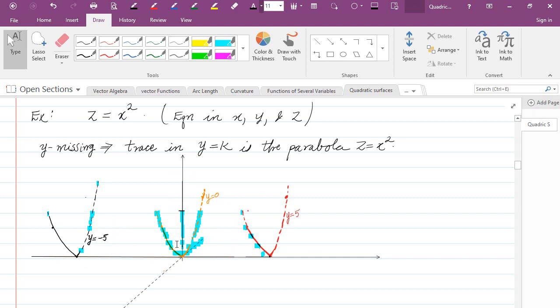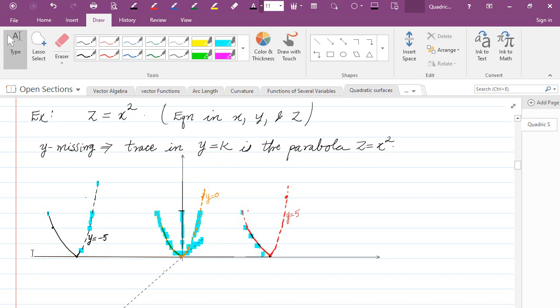Now understand that no matter what k is, we get a parabola that opens in the positive z direction in this plane. So basically the traces parallel to the xz plane are all the same parabola. So imagine that you have the parabola, you have the trace in this plane.